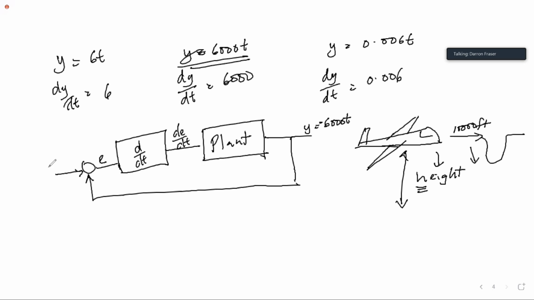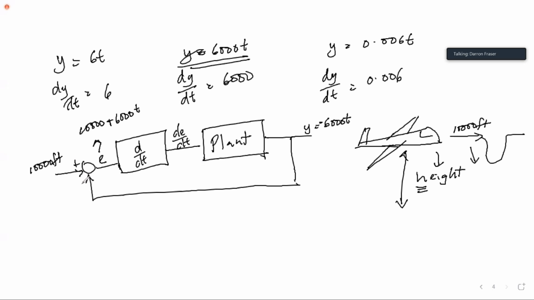And it's supposed to be at 10,000 feet. So now, what would the error be? The error would be 10,000 minus 6,000t.